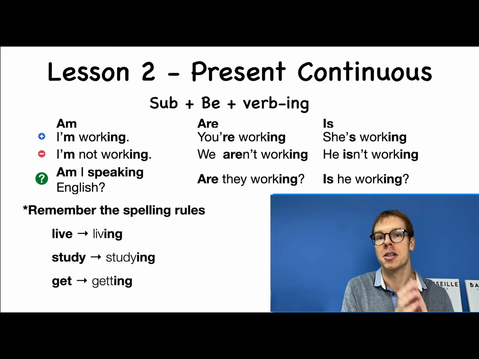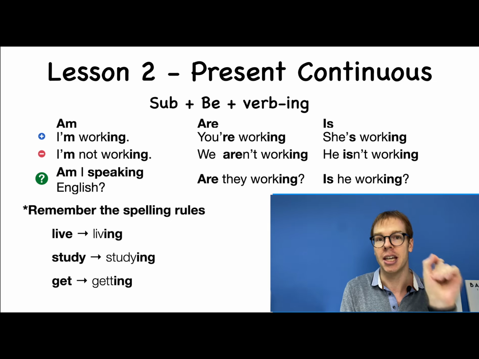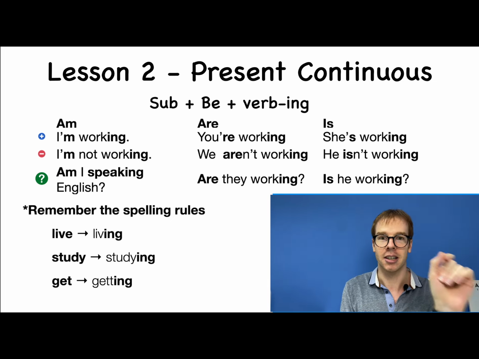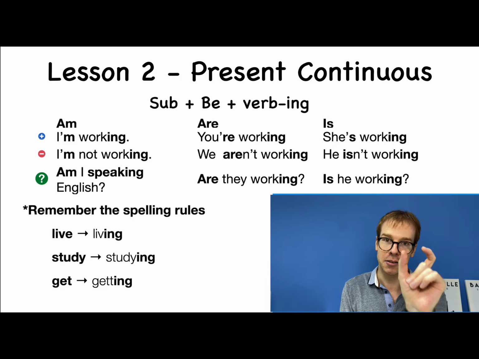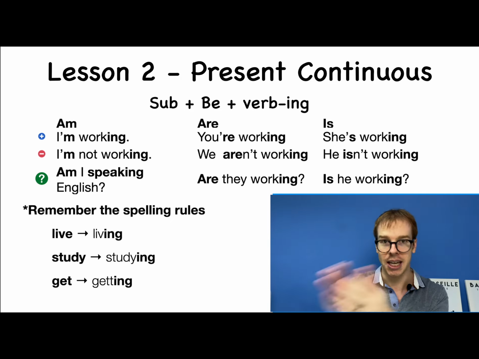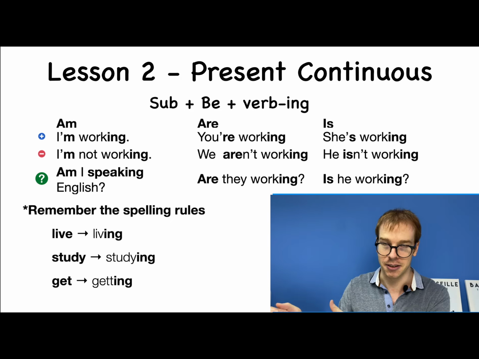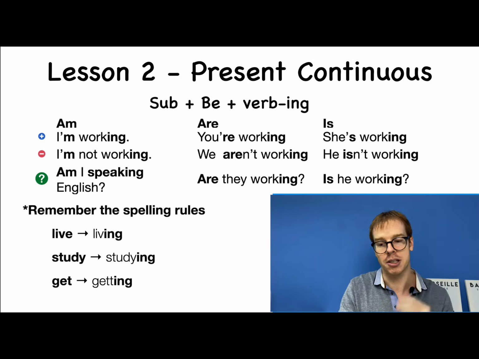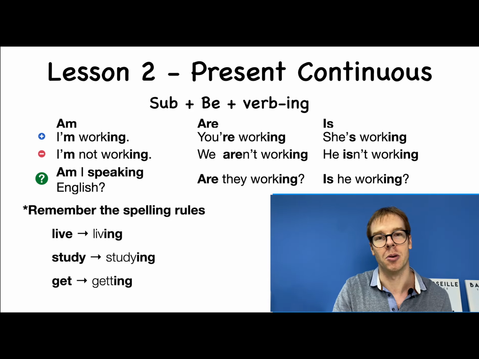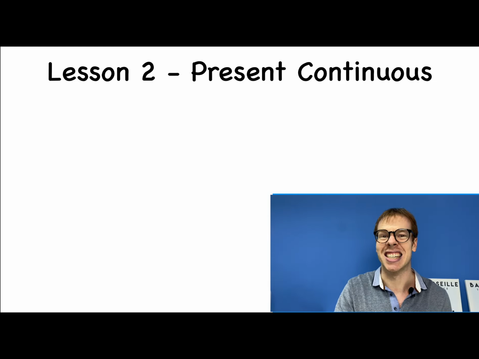And then for some words like get, where we have G-E-T, consonant, vowel, consonant, for that style of word, we have to add another T, getting, right? So be careful in those situations, but again, usually it's just adding the ing to any verb to make this present continuous.